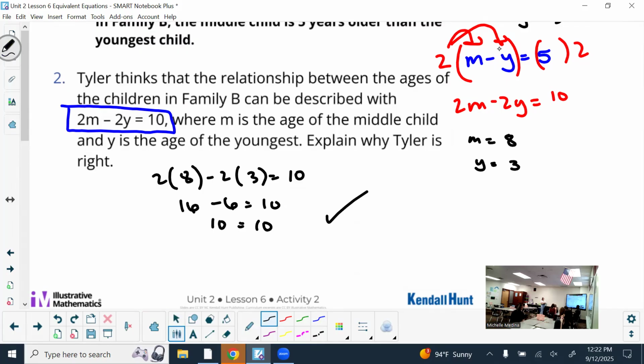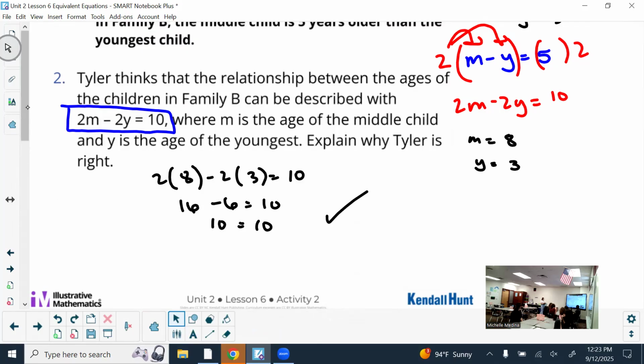Okay, so that makes this one true, the one that's in blue. When I plug it into this, which is shown here, it makes this one true. 2 times 8 is 16. Negative 2 times 3 is negative 6. 16 minus 6 is 10. It makes something that's true, but it has the same solution.